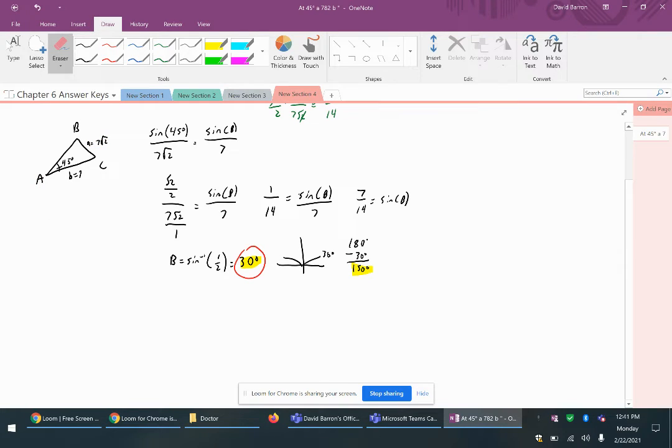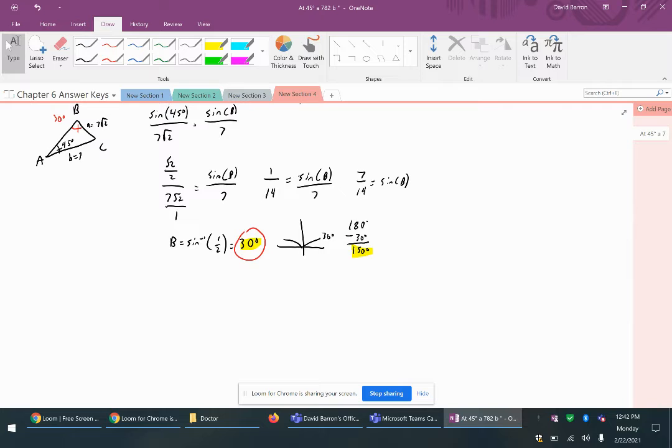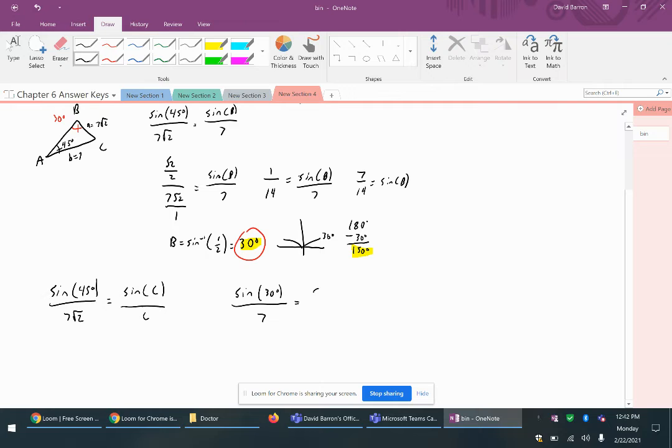Once I solved for angle B, and I know that B is 30 degrees, I have several ways I could solve for C, big C. I could do sine of A over A equals sine of big C over little c, or I could set this up as sine of 30 degrees over 7 equals sine of C over little c.